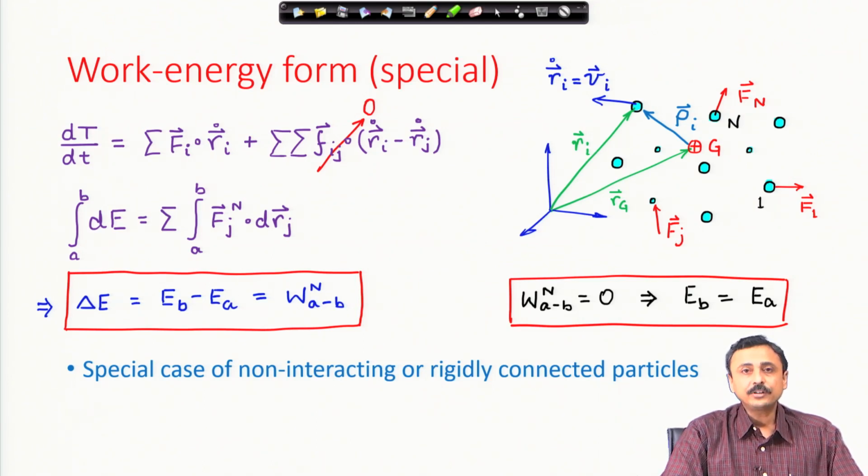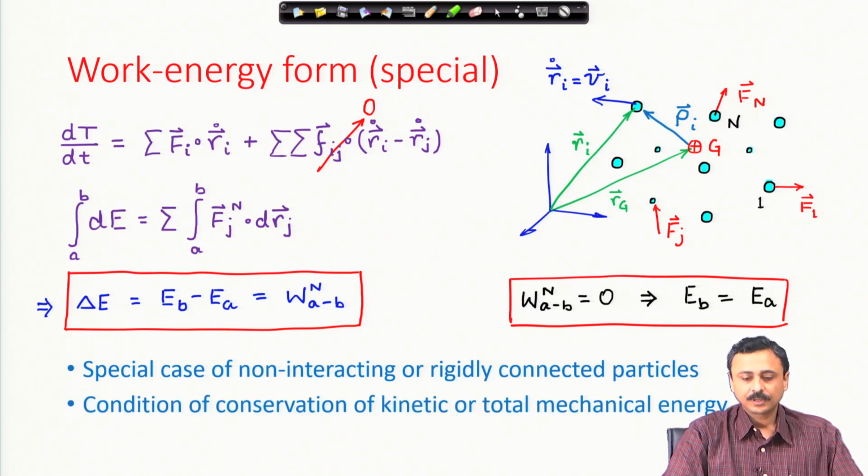Therefore, for a non-interacting system of particles or rigidly connected particles, we have the conservation of kinetic energy or the total mechanical energy, as the case may be. In case that second term is present, we will have energy storage or rejection from the system, because these internal forces are going to store or release energy.